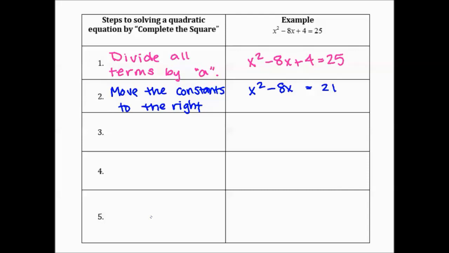Now, this next step is the most important one because it is what is going to allow us to solve this equation by taking square roots. We need to add the quantity b over 2 squared to both sides.